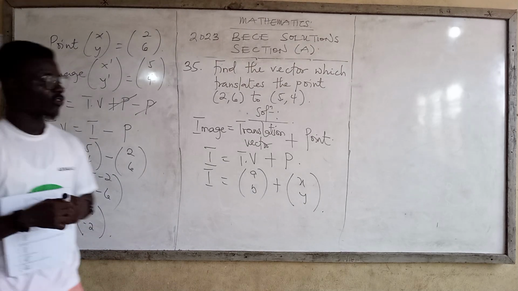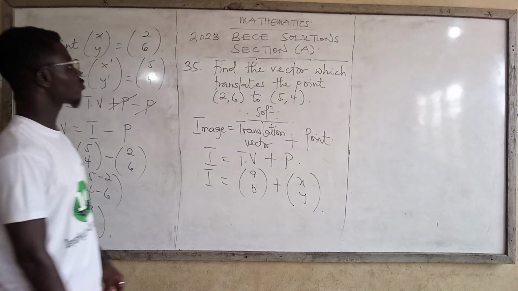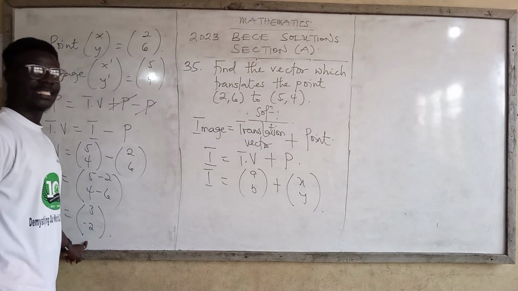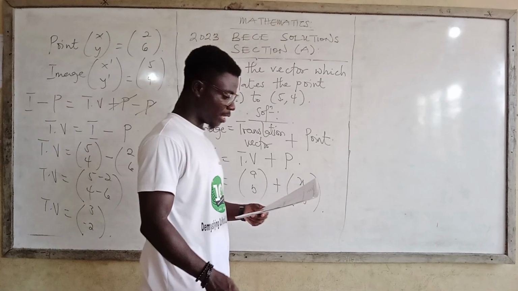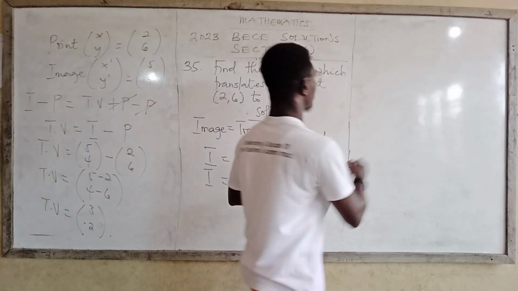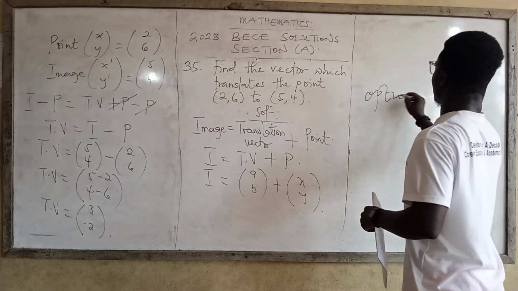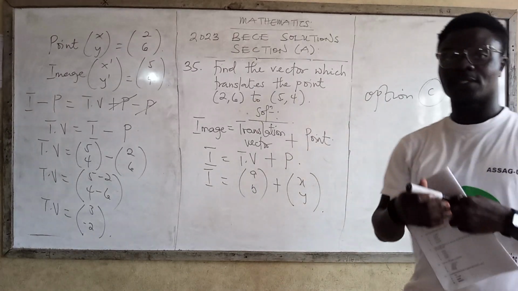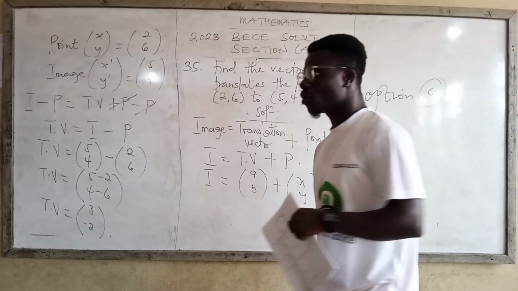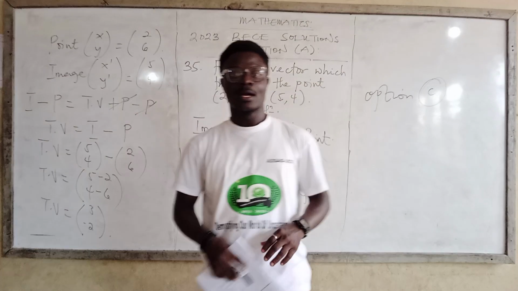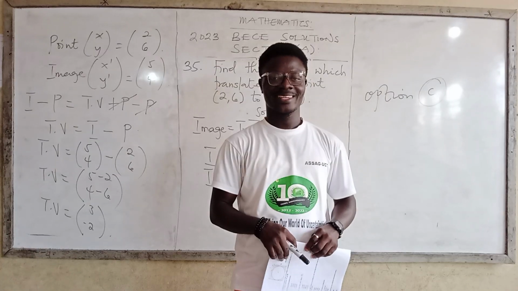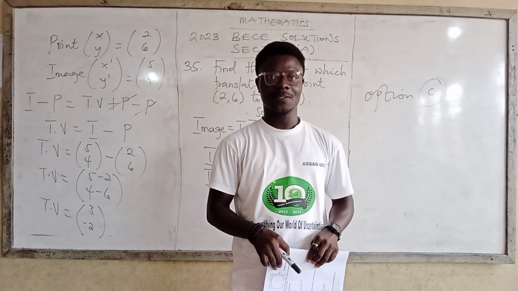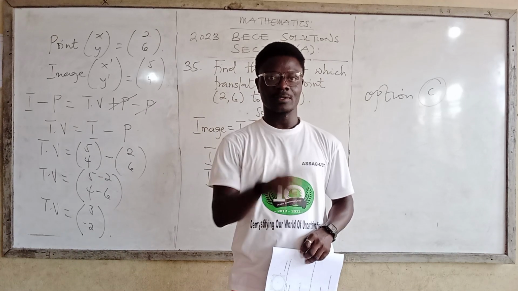So hence the translation vector which translates the point (2, 6) to (5, 4) is (3, -2), which is option C. Option C. Alright, so we are done with our questions here. So let's meet in our next tutorial section. Thank you.